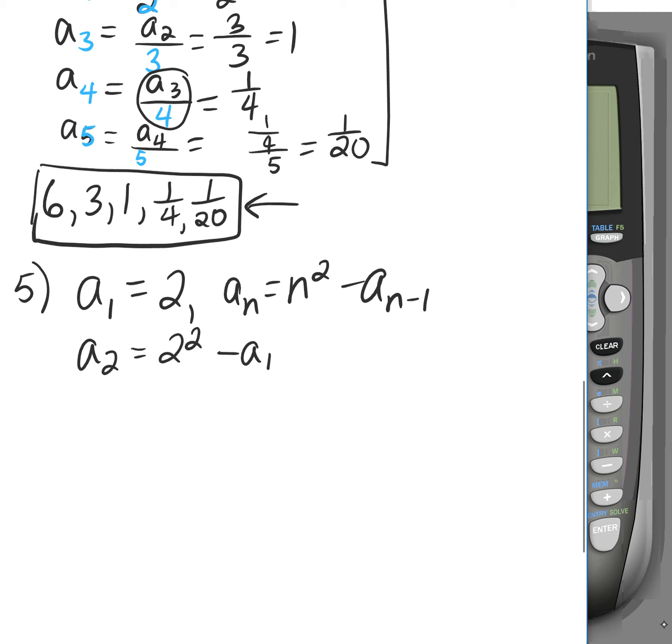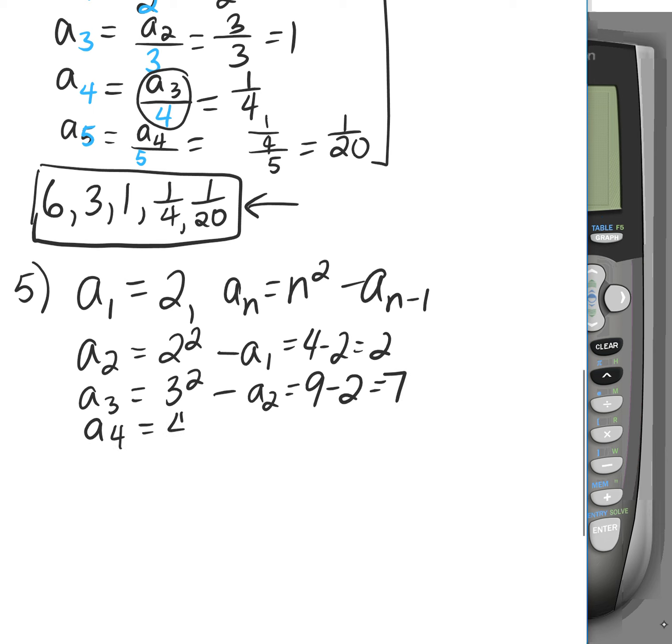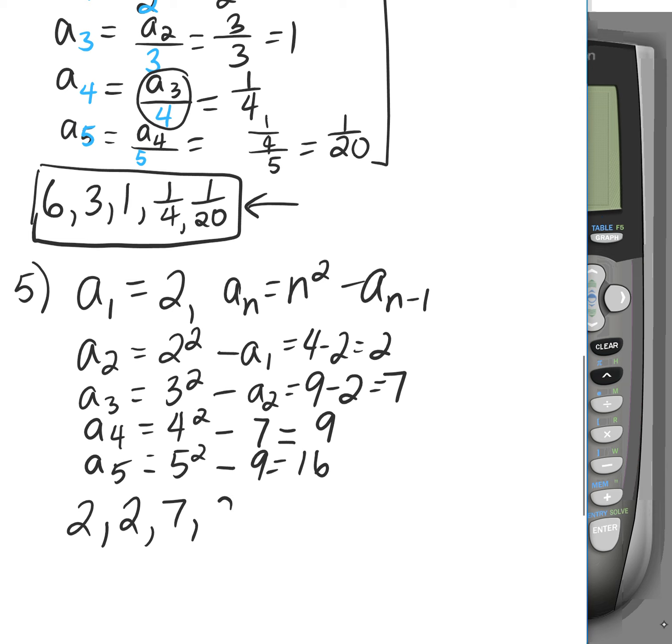So minus our previous term. a3 will be 3 squared minus the previous term of a2. a4 will be 4 squared minus, now I'm not going to keep writing this a2, a3. I'm going to go back and just do the previous term. So 4 squared minus 7 is 9. a5 will be 5 squared minus the previous term of 9 is equal to 16. And then I'll just write it out in the horizontal sequence format once I get those values.